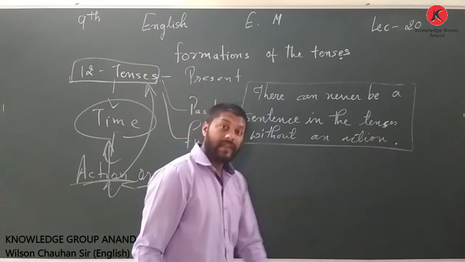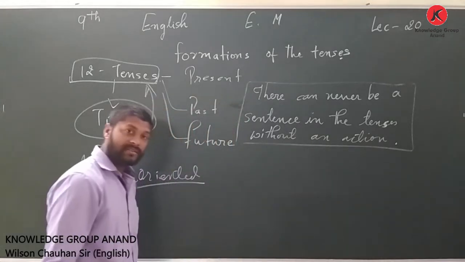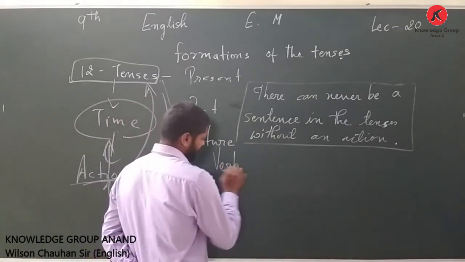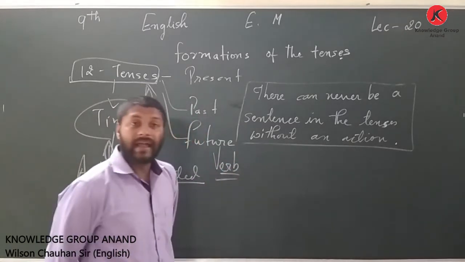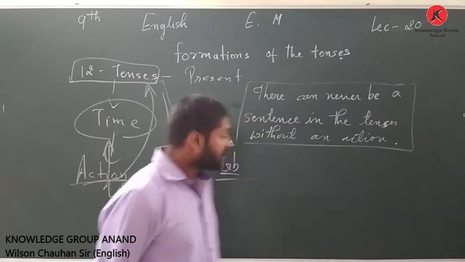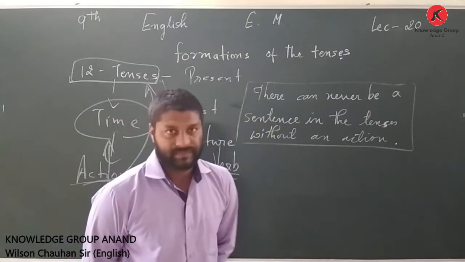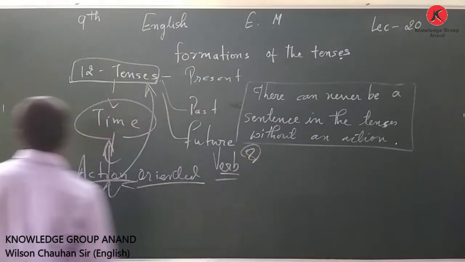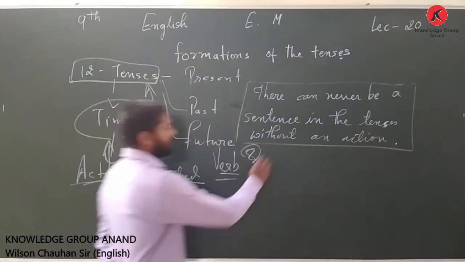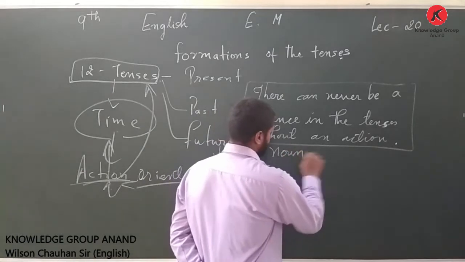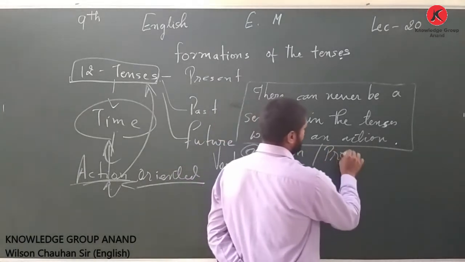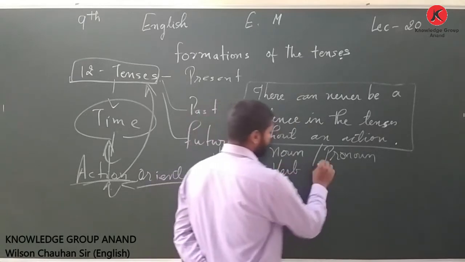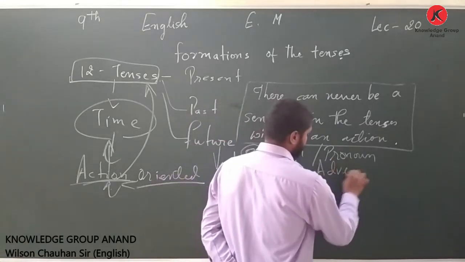Now, we had also seen why verbs precisely. We had also written down the parts of speech. There are 8 of them: noun, pronoun, verb, adverb, adjective, preposition, conjunction, and interjection.